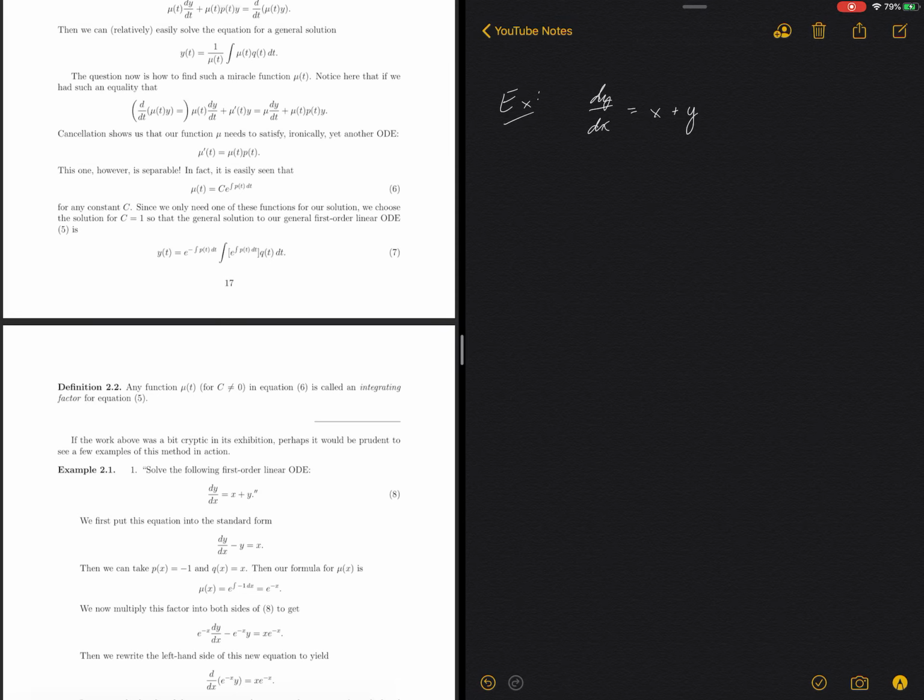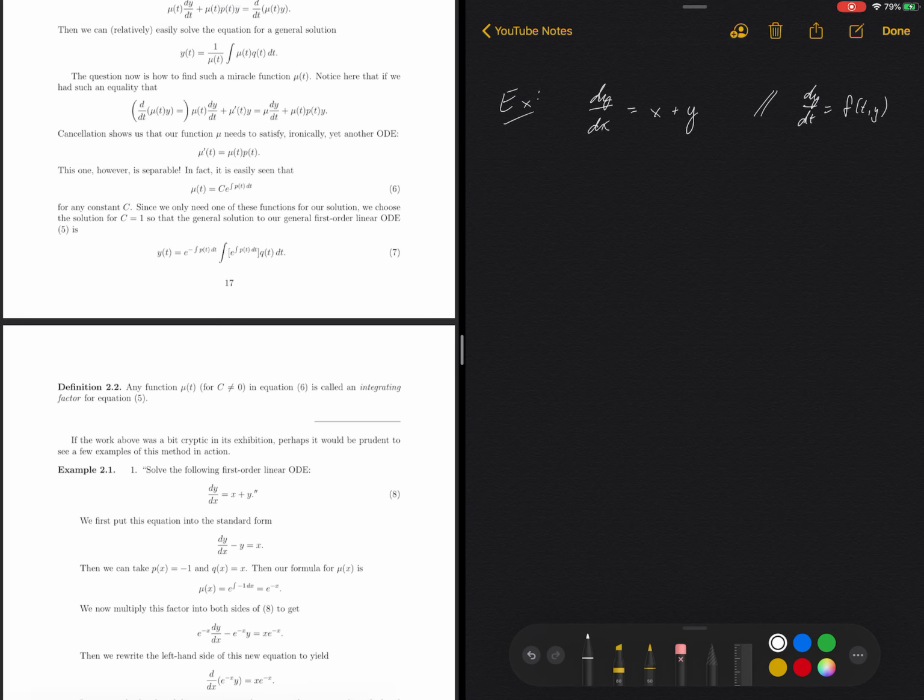The two examples that I have in my notes here are just to really illustrate that this is kind of an unavoidable technique, that you really do need to know how this works, especially since most differential equations are not separable and we can't use our original method for solving our rate equations. They usually look like this: dy/dt is equal to a function of t and y.